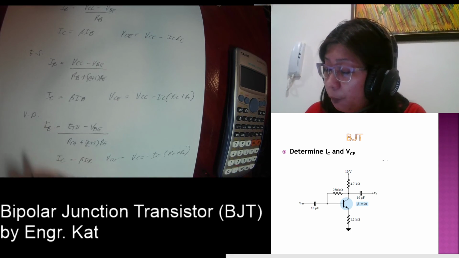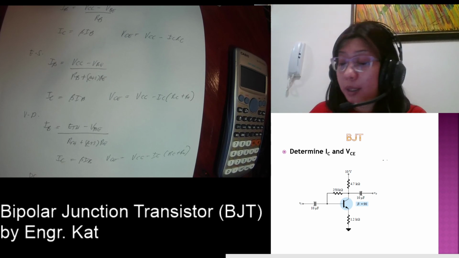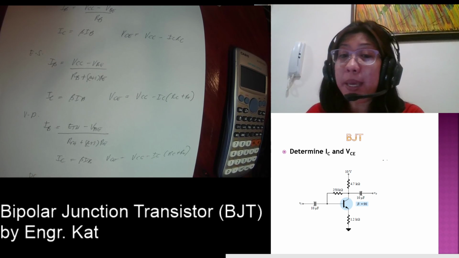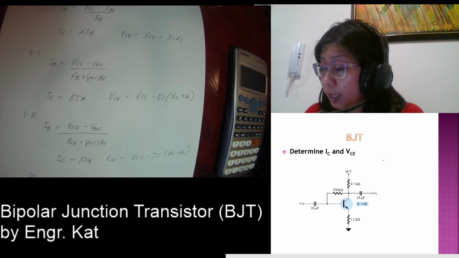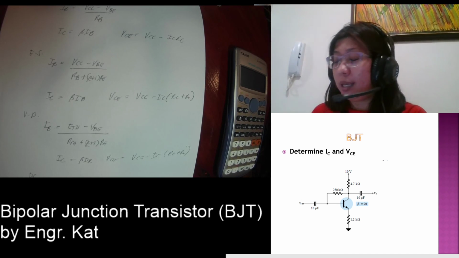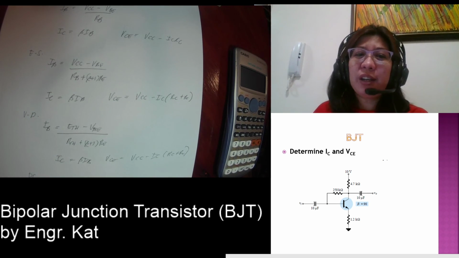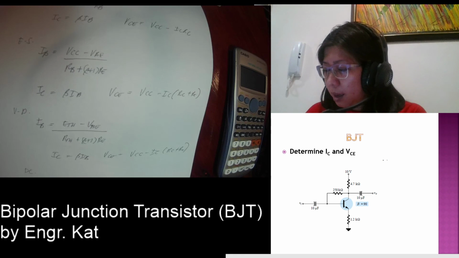And finally, for the DC feedback, you start with IB. So we have VCC minus VBE all over RB plus beta times RE plus RC. By looking at the formulas, they are technically the same.